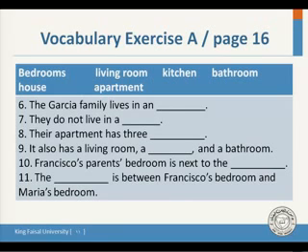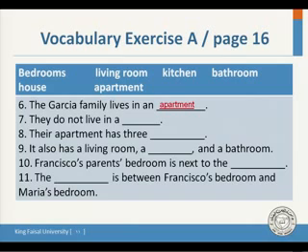Sentence 6. The Garcia family lives in an, which means the noun must start with a vowel. Which noun starts with a vowel? Apartment. Yes, apartment. They live in an apartment.